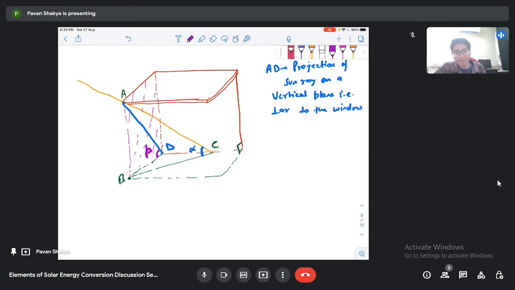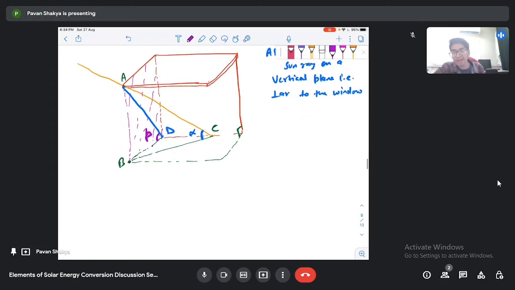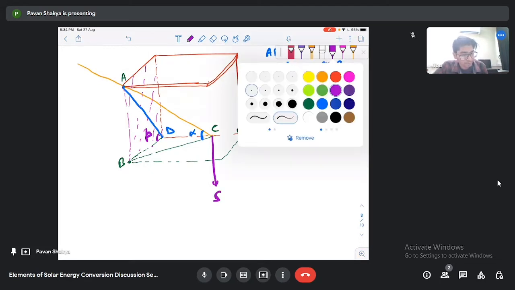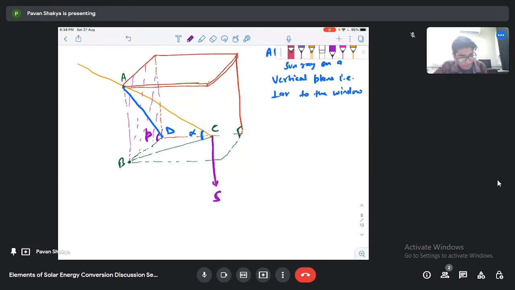Now I will try to establish a relation between this profile angle and altitude angle. Let's say this is the south direction. Then this BC is the projection of the sun ray. So the angle that the projection of the sun ray on the horizontal plane makes with the south direction is called the solar azimuth angle, that is AZ.